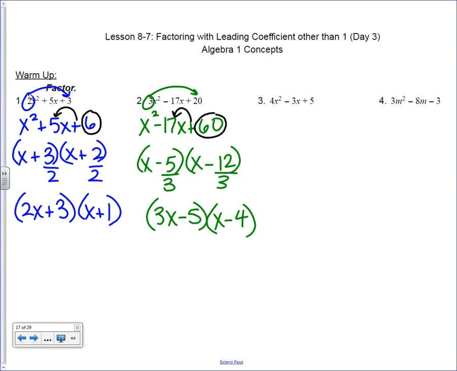Anybody for number 3? All right, Cody, does it have a GCF? Nope. It has 3 terms and it starts with a 4, so what are we going to do with it? Okay. What's your new problem? So you're looking for factors of that will, wonderful, factors of 20 that will add to 3.